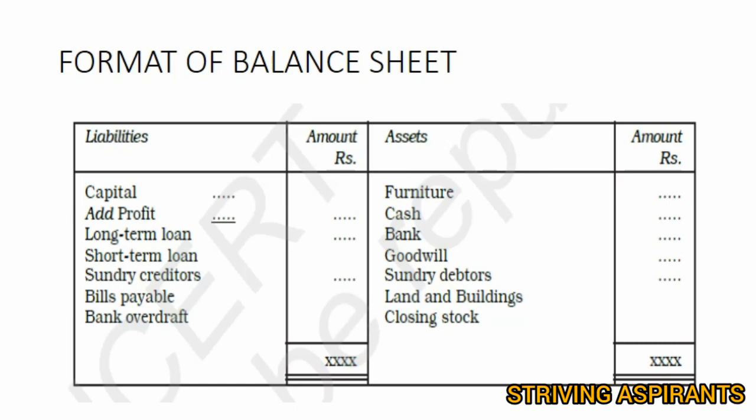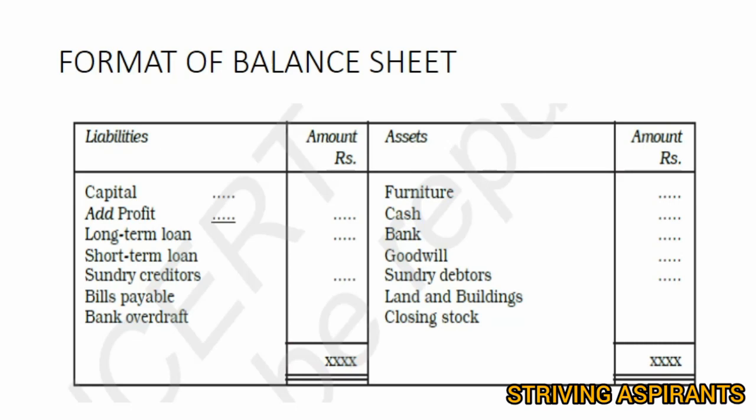So this is a simple format of a balance sheet. You can see on the liability side we have given capital, and add profit if there is a profit to the company, otherwise the loss amount will be shown. Then if the company is having long term loans, short term loans, then the sundry creditors or the suppliers' balances, the bills payable, and bank overdraft amount if available, we have to show. If we have taken some overdraft from banks, we have to show it on the liability side.